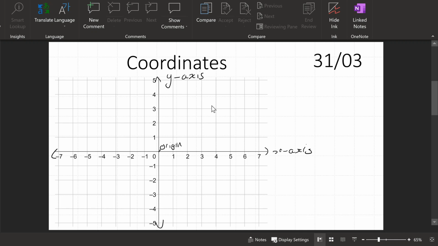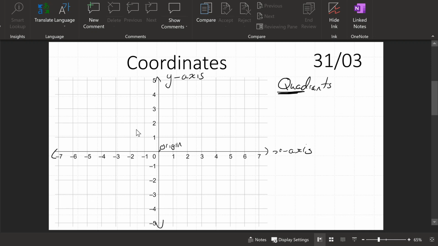But now we've got four different sections, right? And we call each of these sections quadrants. And any of you who know your etymology and how words are structured, quad means four. So quadrants, the four parts.